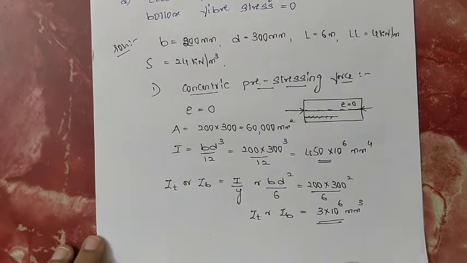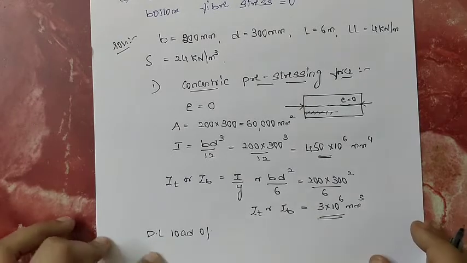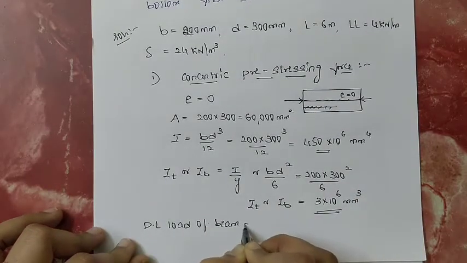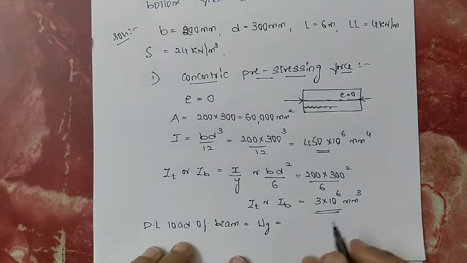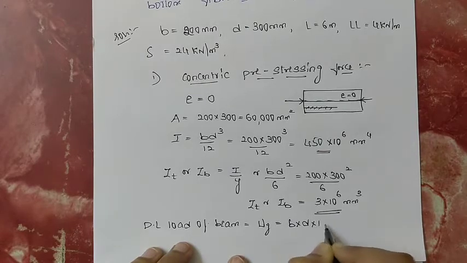Then calculate dead load of the beam. Dead load of beam, that is WG, will be equal to the cross-sectional dimension B into D into 1 into density.